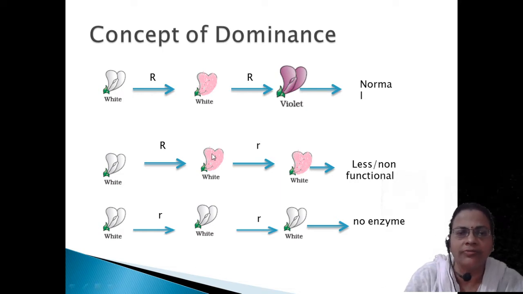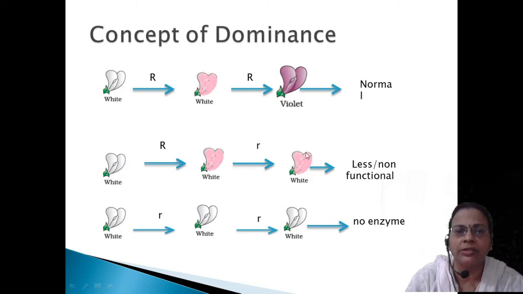Only half the amount, or 50% of the enzyme, was present. So the white color transformed into pink, but it cannot be completely expressed in the form of purple or red, we can say, if it is snapdragon. So it remained as white itself.